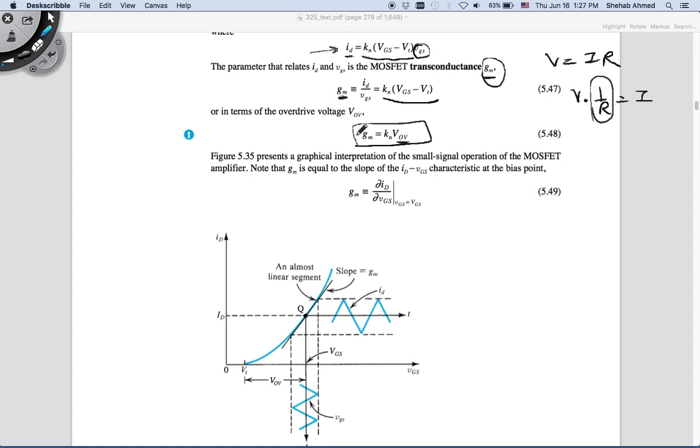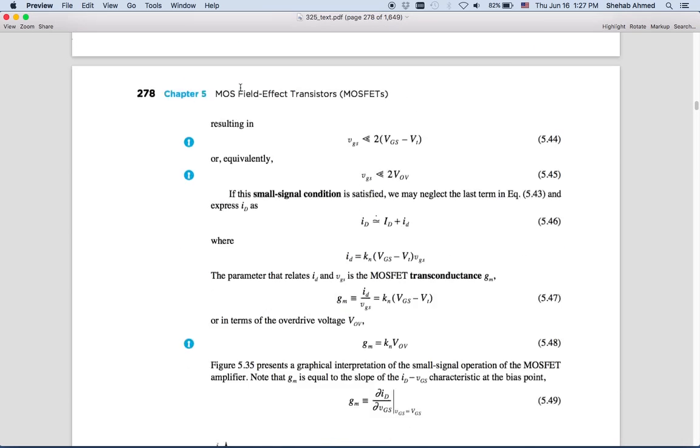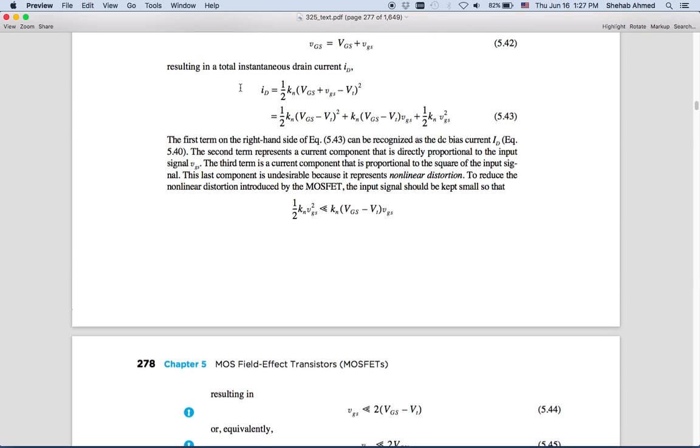Again, we can also look at this a bit more graphically. Since we have a relationship between the full drain current ID and the full gate voltage, which is this equation up here, I can plot the relationship between the drain current and the gate to source voltage.